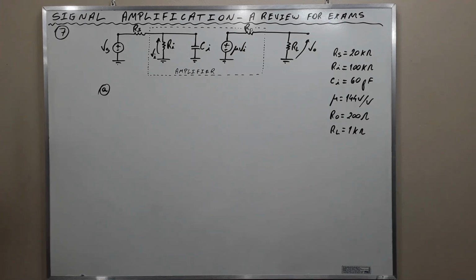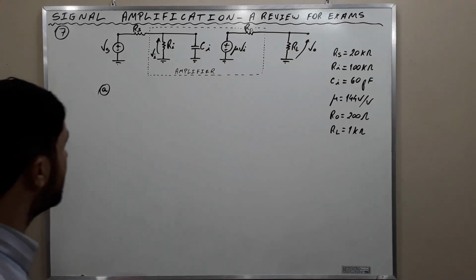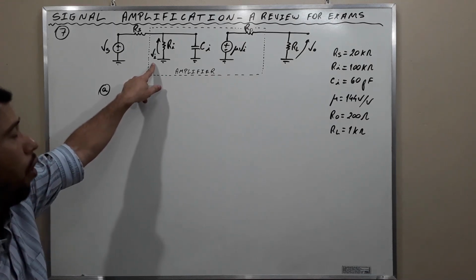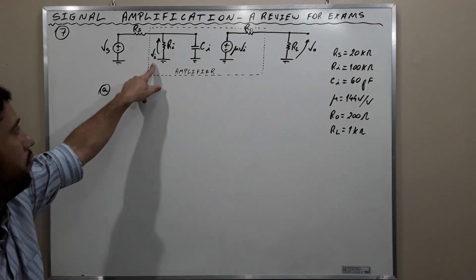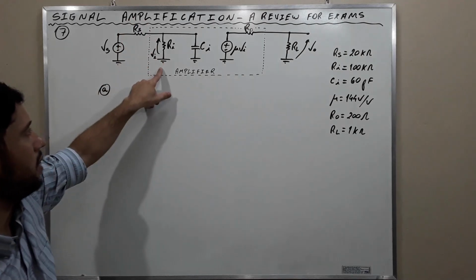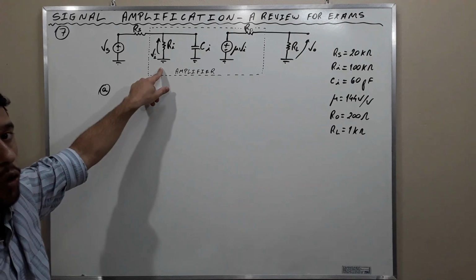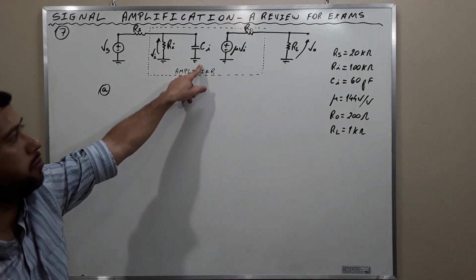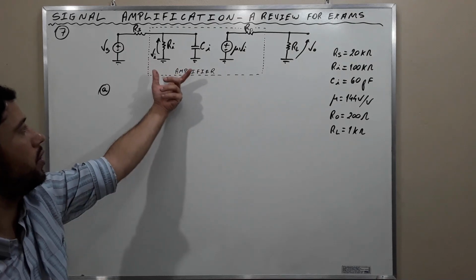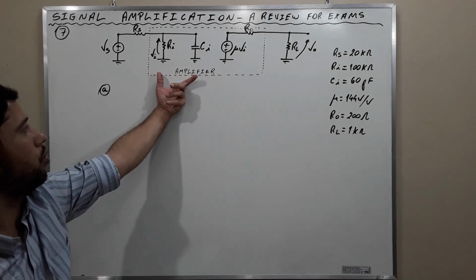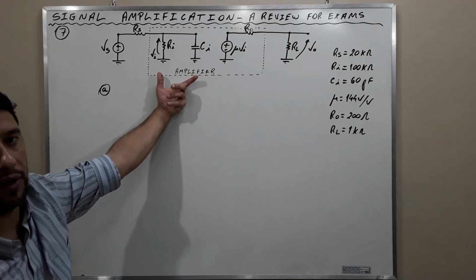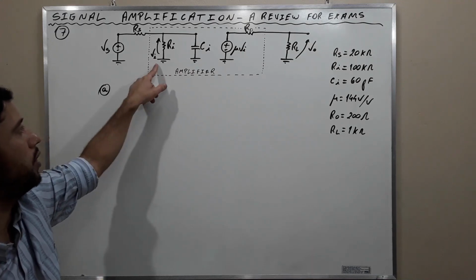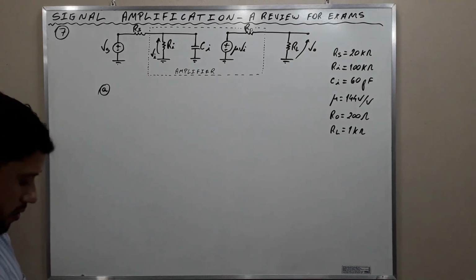Utilizing the voltage divider rule, we can express Vi in terms of Vs, but pay attention that Vi is not only the voltage across Ri. Vi is also the voltage across the capacitor. Okay, so we're going to need to combine them in a parallel connection to properly get Vi, alright?